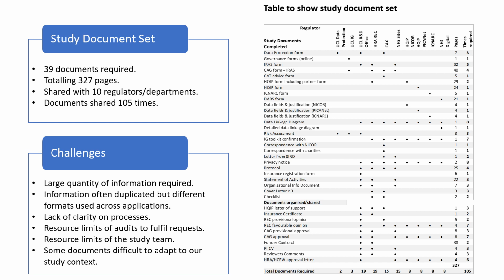This table details the full list of documents required for the entire process. This amounted to 39 documents, totaling 327 pages, required by 10 regulators or departments, with total times documents shared 105. This highlights the first challenge, the huge amount of information required.